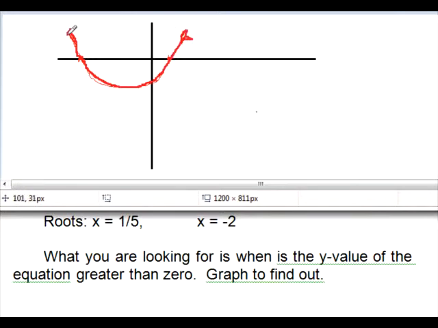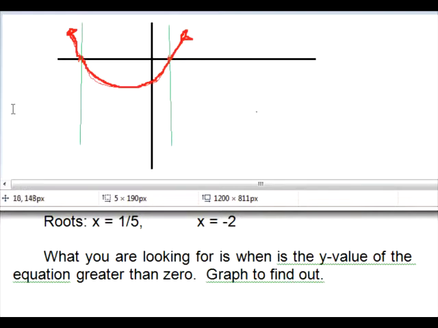Now what we need to say is, when is this graph positive? I'm going to think of this like the asymptotes when we did the reciprocal graphs. There are going to be three sections of this graph.